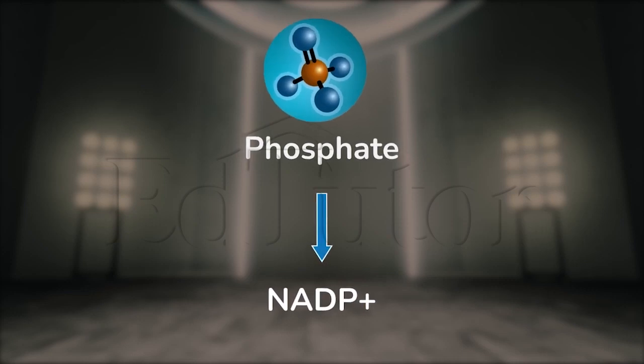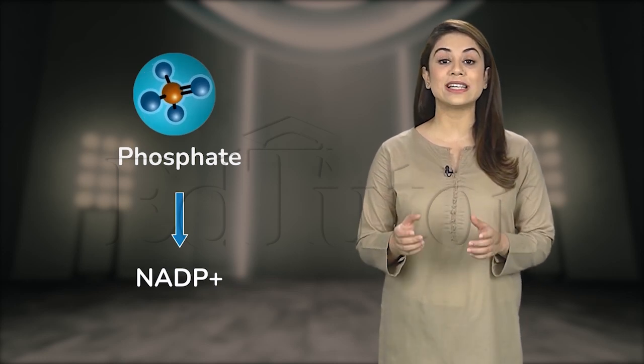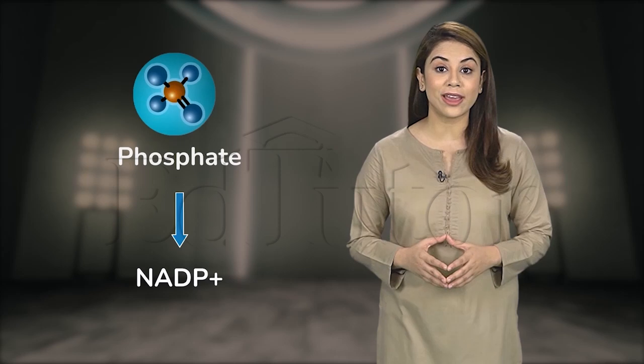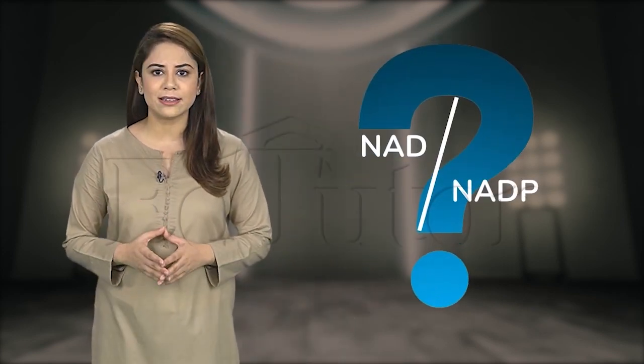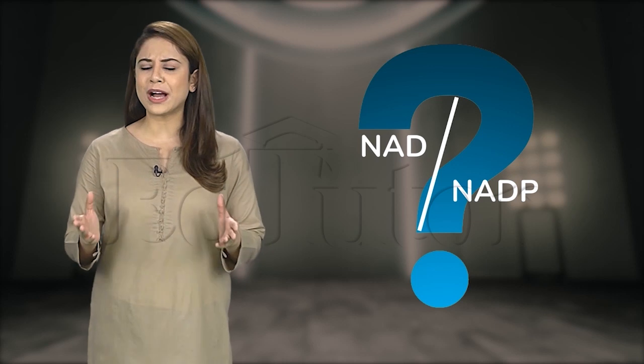One form of this coenzyme also carries phosphate with it, and that is why it is called NADP+. Isn't that thought-provoking? Now that you know this, can you tell me the difference between NAD and NADP? Why don't you research this in your free time while we move on?